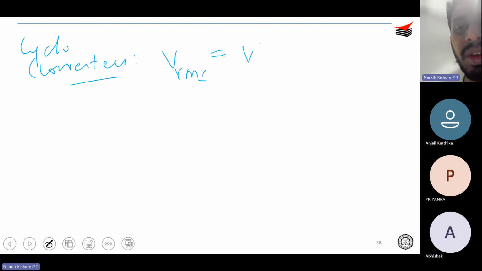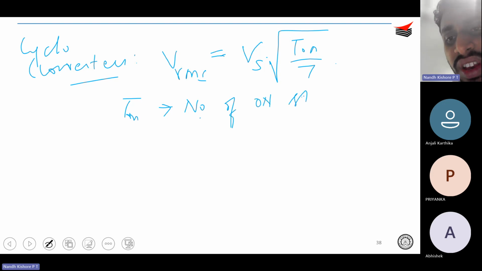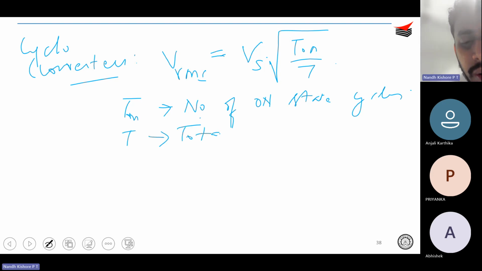RMS output voltage will be Vs into root over T on by T. Okay. Where T on is the number of on cycles, number of cycles for on state. Okay. And T is the total number of cycles. Basic definition, total number of cycles. So this is for cyclo converters.